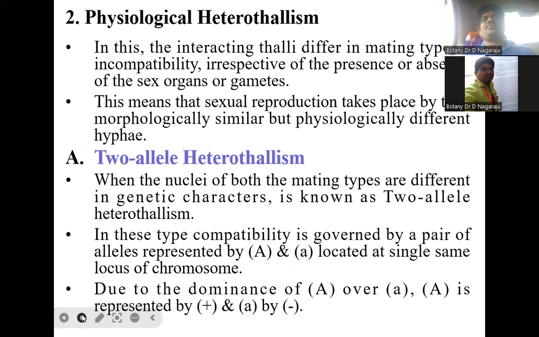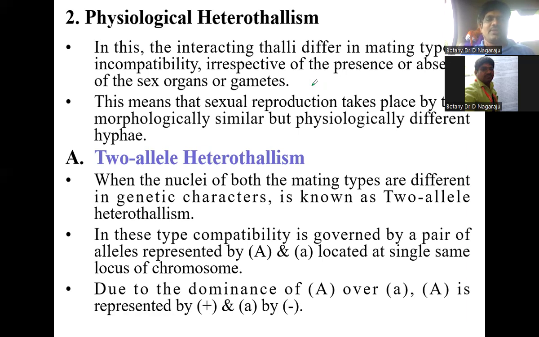The majority of heterothallism is physiological or functional heterothallism, not structural. Functionally, there is a variation that was first identified by Blakeslee in Mucorales. In competitive exams they also ask: heterothallism was first discovered by A. Blakeslee on which fungi?